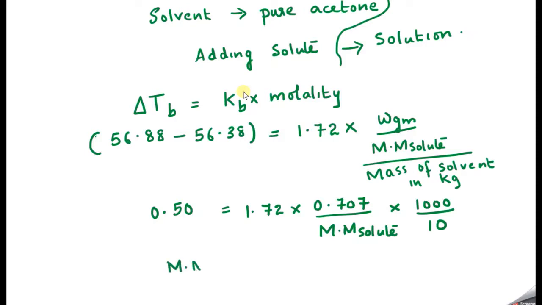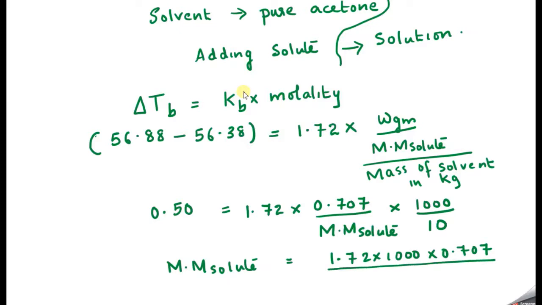Molecular mass of the solute is equal to 1.72 into 1000 into 0.707, divided by 0.50 into 10. If you calculate, you will get a value of 243 approximately. So we have calculated the molecular weight of the solute.